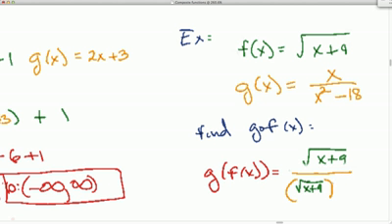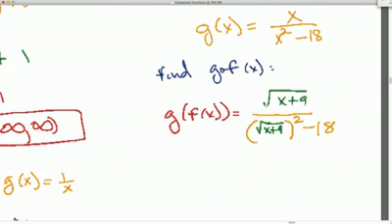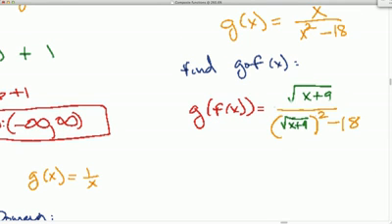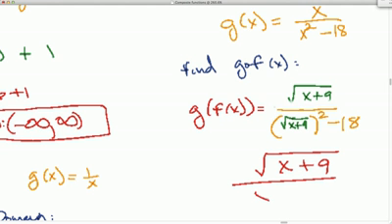And that's going to be squared minus 18. When you square something, you're going to get itself underneath the radical. So you're going to have the square root of x plus 9 over x plus 9 minus 18.